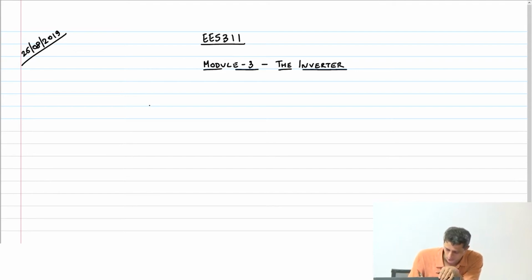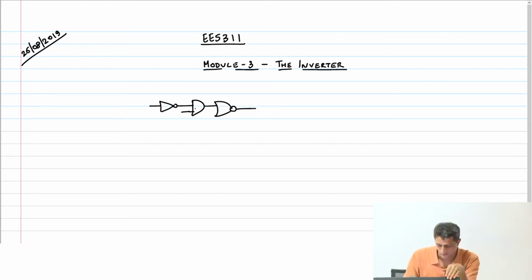A logic gate, as we know, for example, if I have an inverter driving an AND, driving a NOR, and so on. These gates we are already familiar with. Each gate, as you have seen now, has the input to a transistor going to the gate, which means that you will see some capacitance at that node.